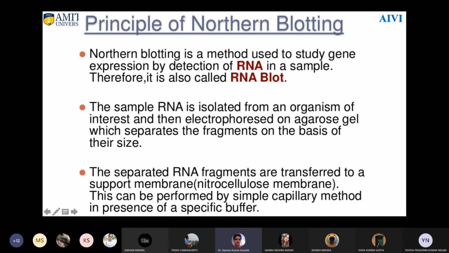In every type of tissue, the expression of genes is going to be different. Like in a plant, in the leaf it is going to be different, in the root it is going to be different, in the stem it is going to be different. Not just that, even if you compare different time intervals. In the morning, if you take a leaf, it is going to have a different expression pattern.